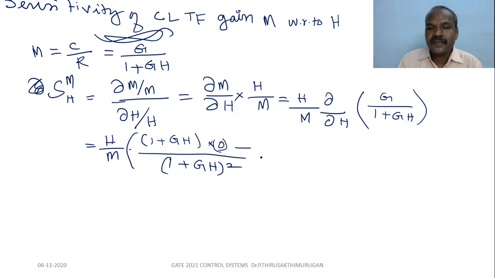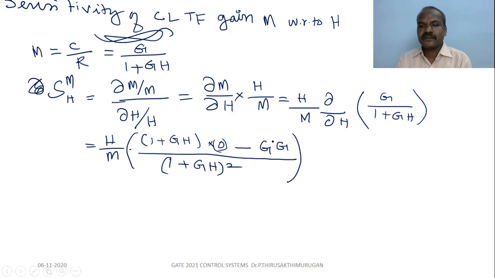Minus the numerator term into the differential of the denominator. We have only G, another G, so G square.